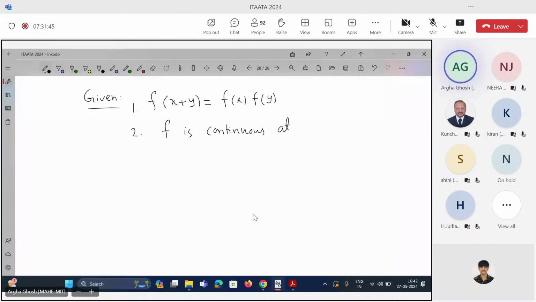Next, I will ask if it is not 0, what will happen? But first, let's say it is continuous at 0. Then what can we write? Can we say that f is continuous everywhere?